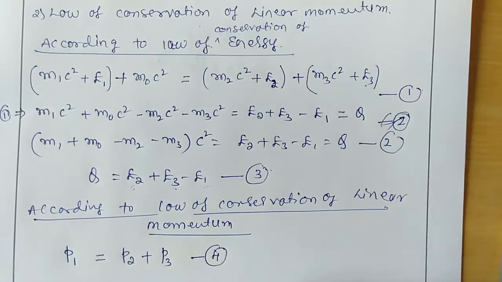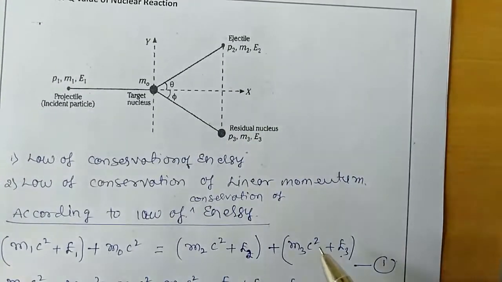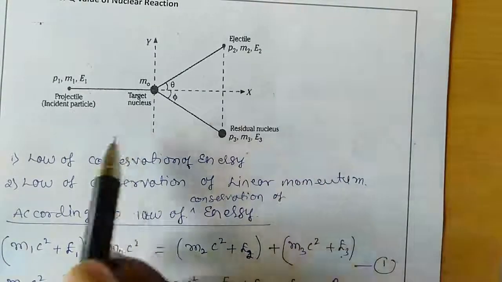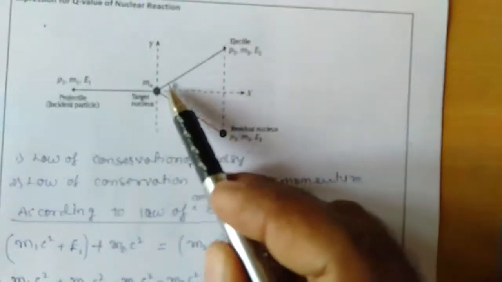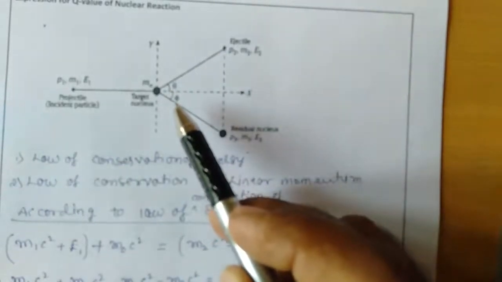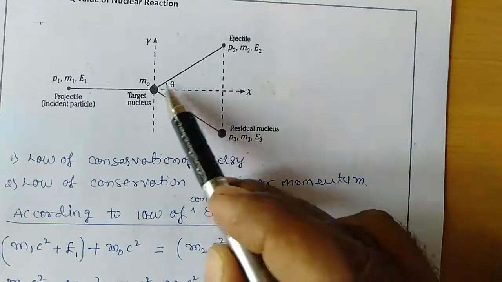In the diagram we can see this is the direction in which the ejectile is moving, and this is the direction in which the residual nucleus is moving.